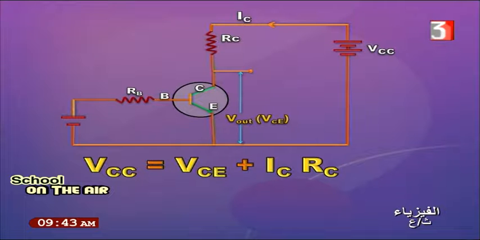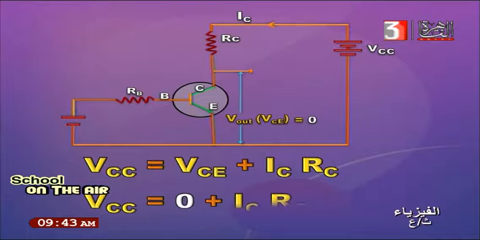Now if we add a cell, a current is drawn through the base. A current flows through the base, and a much greater current flows through the collector. So IC increases, so the product of IC RC increases, and this means VCE should decrease almost to be equal to 0.